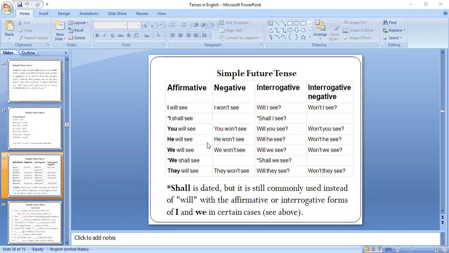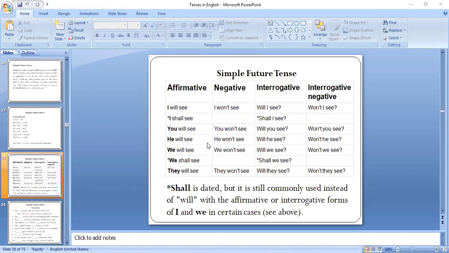If this is the affirmative, its negative will be you won't see, its interrogative will be will you see, and its interrogative negative will be won't you see. Then speaking about he, he will see, affirmative. Its negative is he will not see or he won't see.